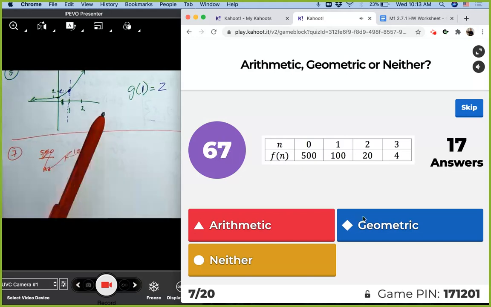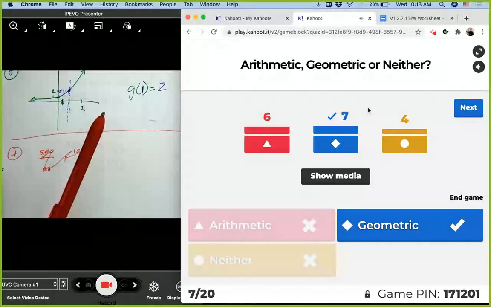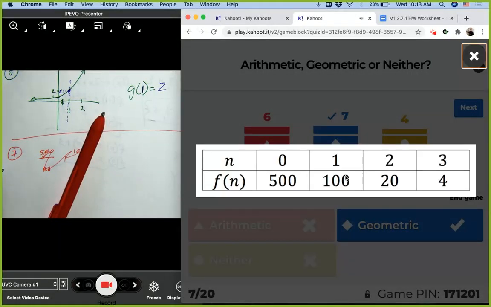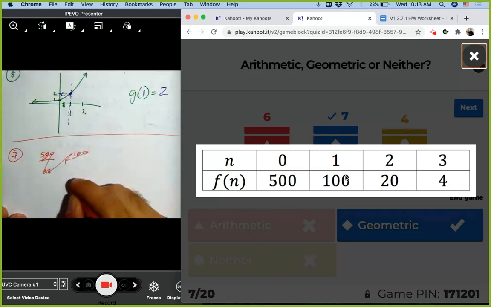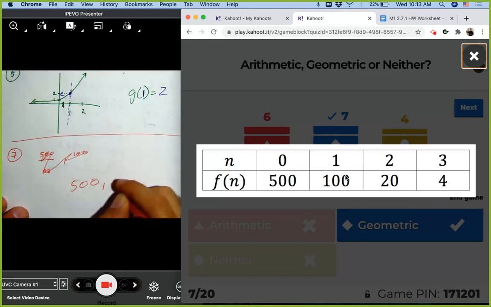All right, let's see. Oh, geometric. How do you go from 500 to 100?